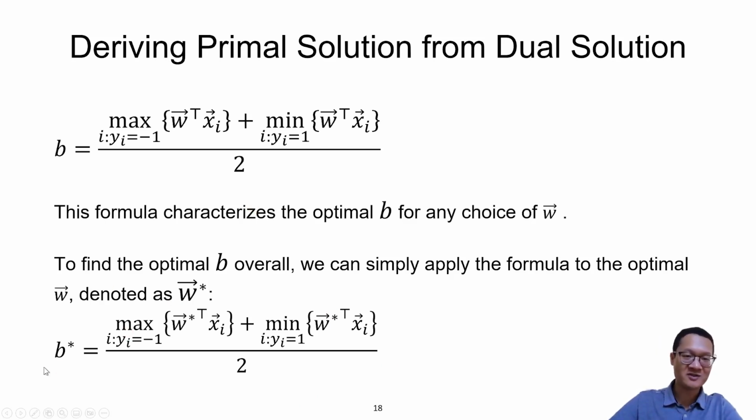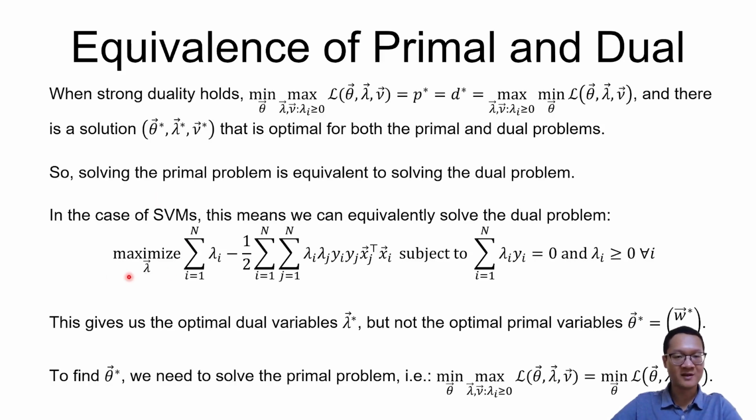And just to remind you, this was actually a long process of, first of all, deriving the dual problem of the SVM, that being this one over here. And then after we showed that strong duality holds, we realized that we can actually solve the dual problem first, and then solve the primal problem.